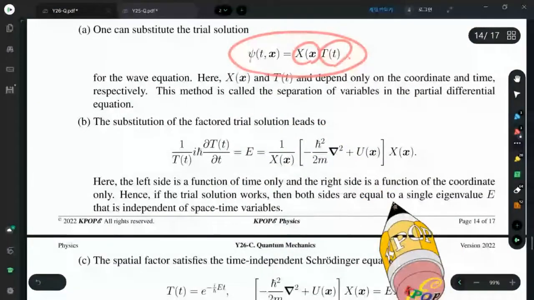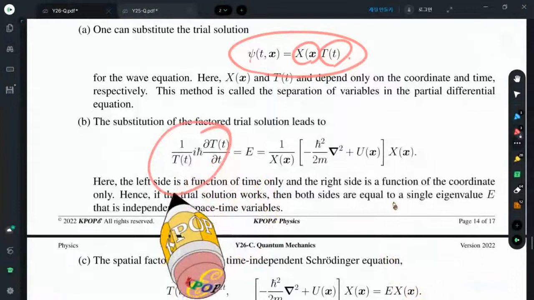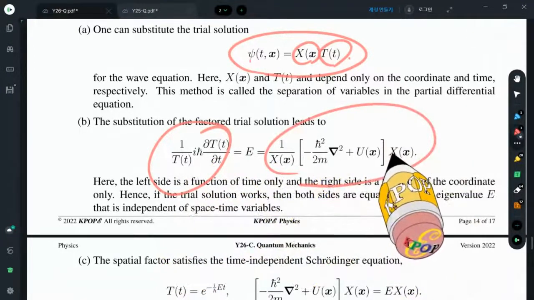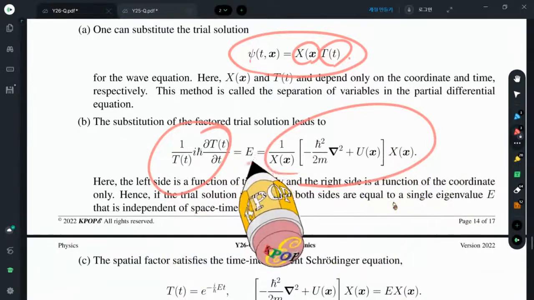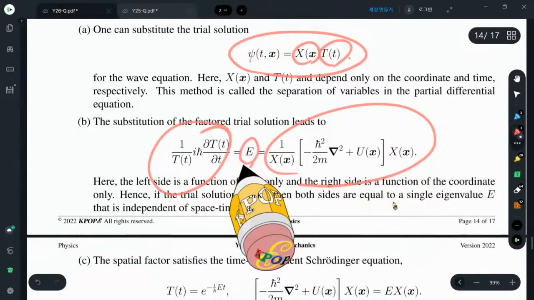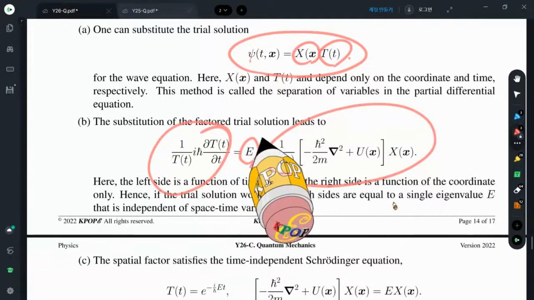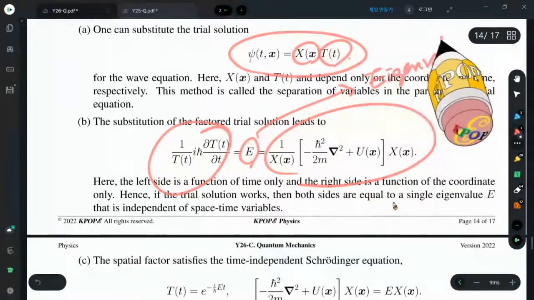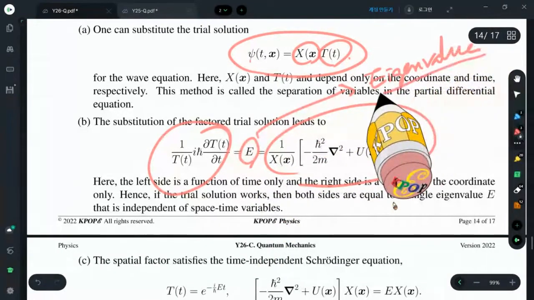you will find the left-hand side depends purely on time and the right-hand side depends purely on x, and actually that has a certain value that is independent of both time and space. This we call an eigenvalue. An eigenvalue is a characteristic value, such as the characteristic frequency of the equation of motion for the damped harmonic oscillator that we learned.